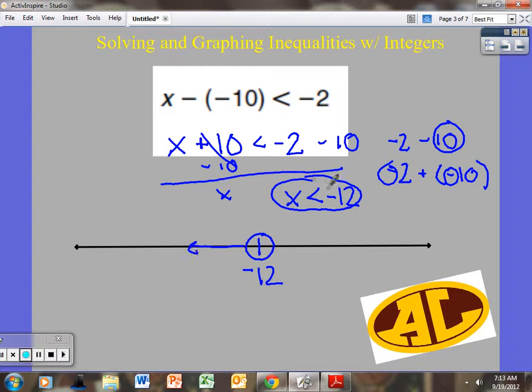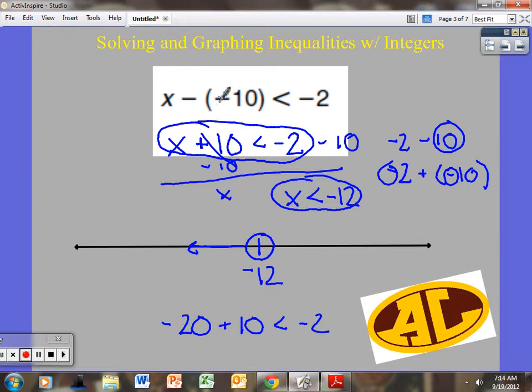Let's just pick a value that's part of the solution. Let's just say -20. So if I plug this in, substitute it in, let's use proper terminology here, Mr. Giomini. I'm going to say x is equal to -20. So -20 plus 10 is going to be less than -2. Notice I used this inequality here rather than this one.